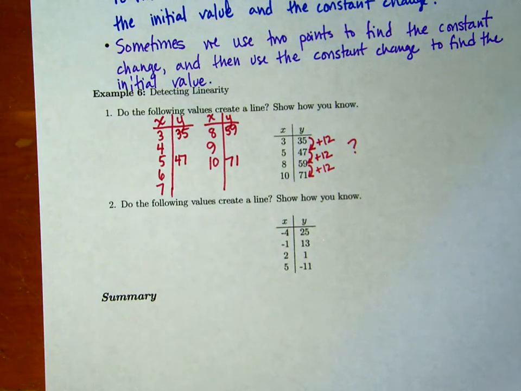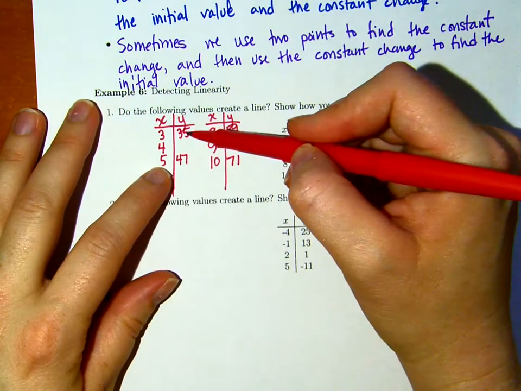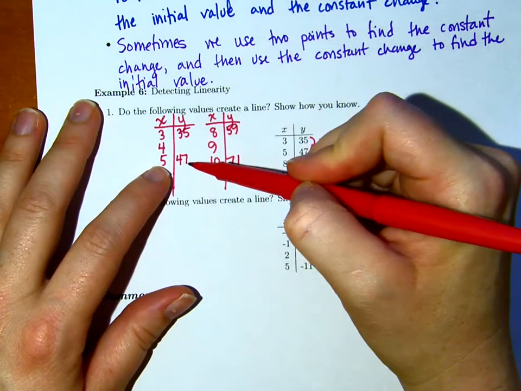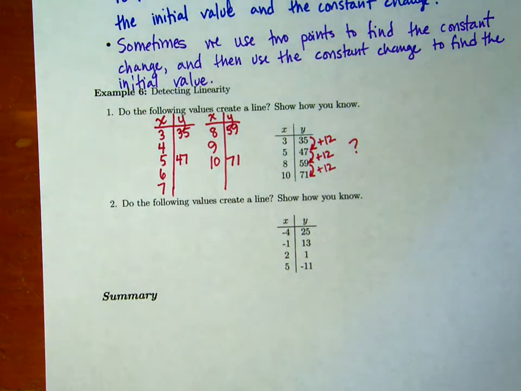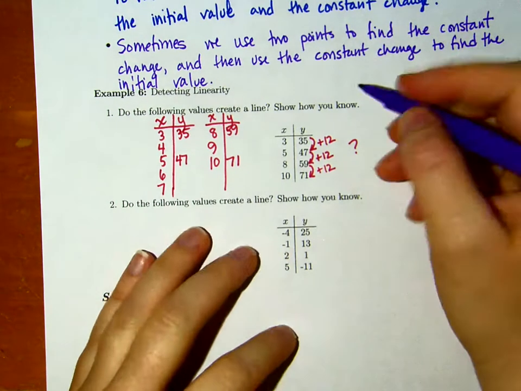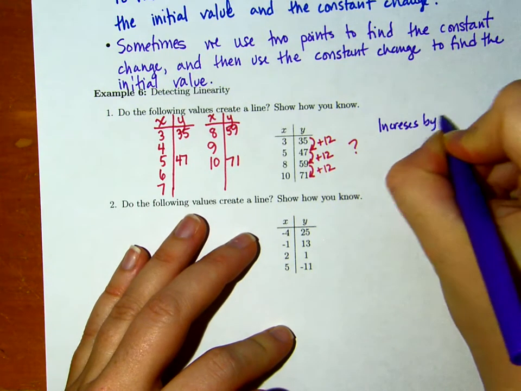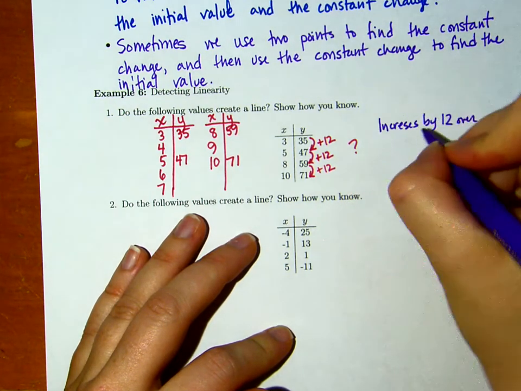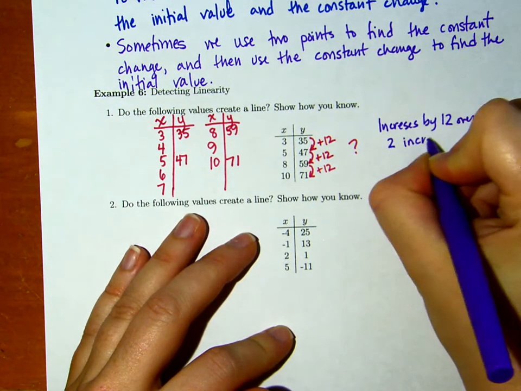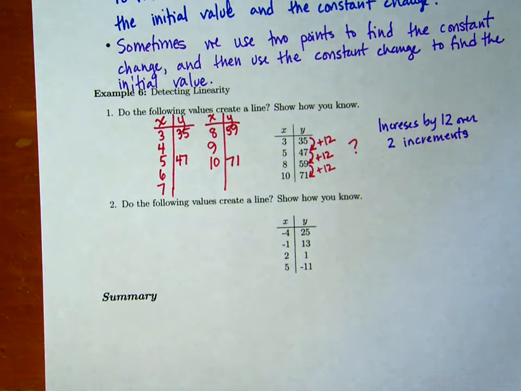I already see that there's going to be a problem, because from 3 to 5, it increments by 12 over 2 times. Let's actually write that down. Okay, so add 12 over 2 increments.